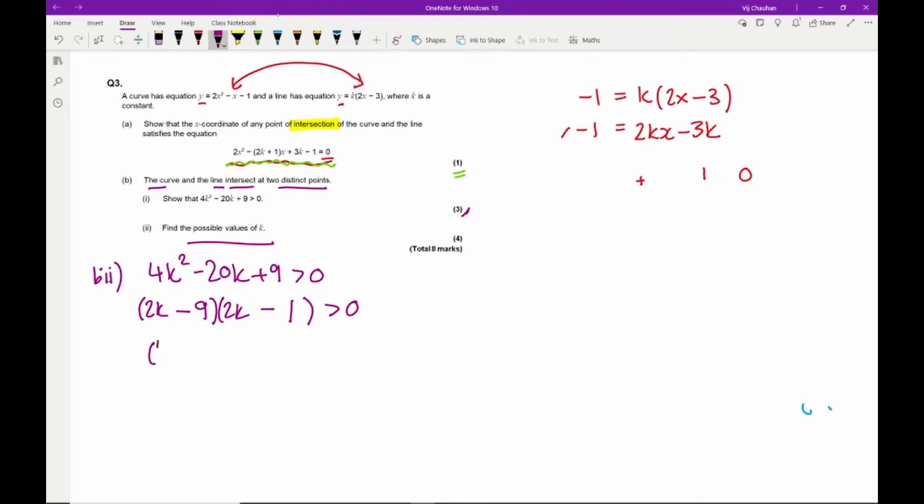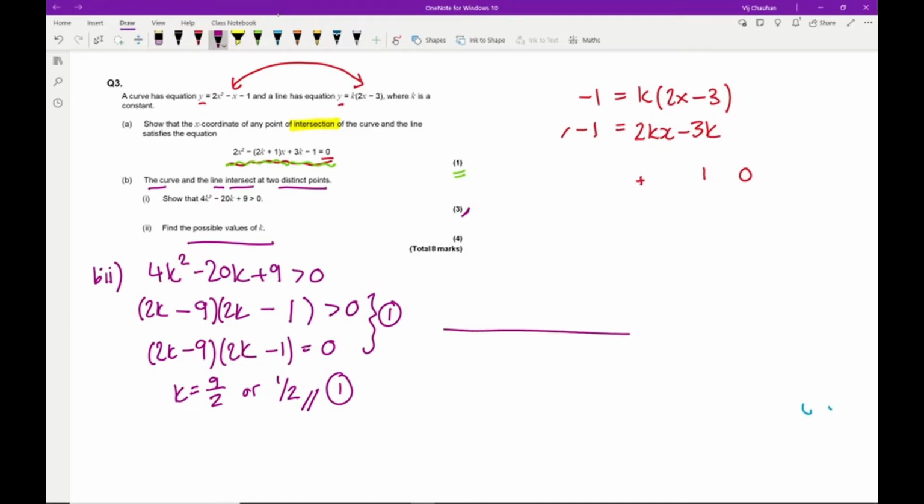If we then go on to solve (2k - 9)(2k - 1) equals 0, then k equals either 9 over 2 or a half. Now this is usually what your calculator would tell you. So you'd probably get 1 mark for using some form of way of solving it, again either using the quadratic formula, which is absolutely fine, and then 1 mark for finding the actual values.